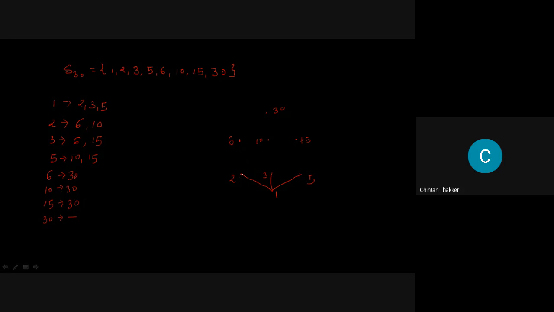Then 2 is connected with 6 and 10. 3 is connected with 6 and 15. 5 is connected with 10 and 15. And all these three are connected with 30. So this is the Hasse diagram of S30.